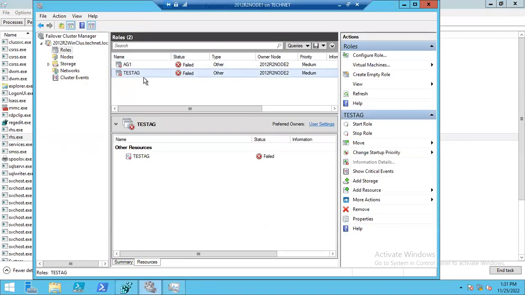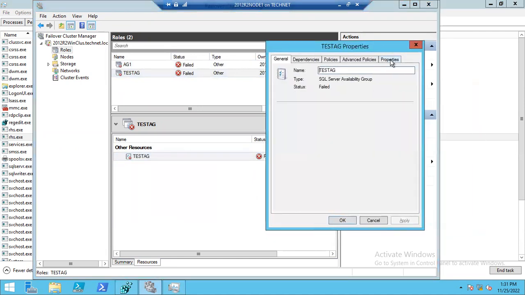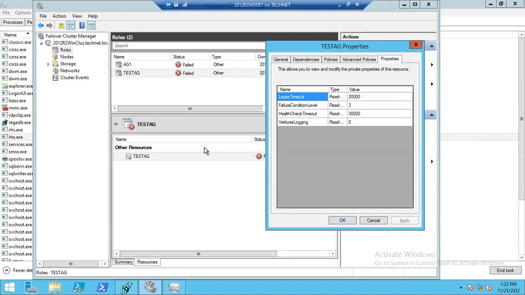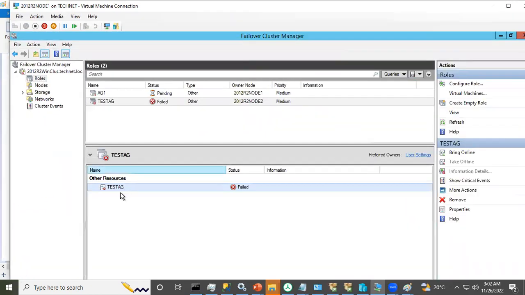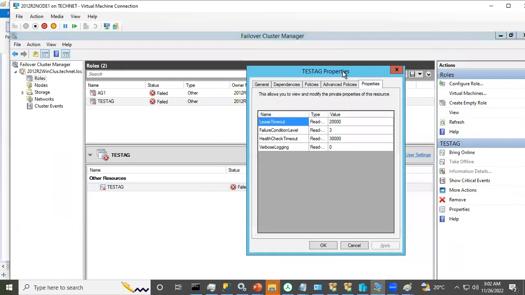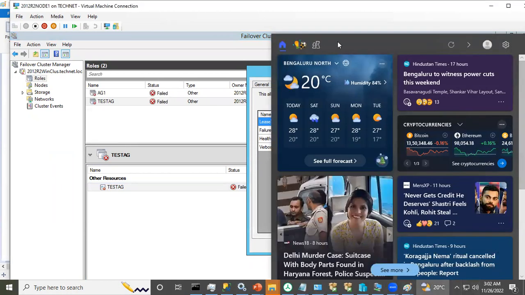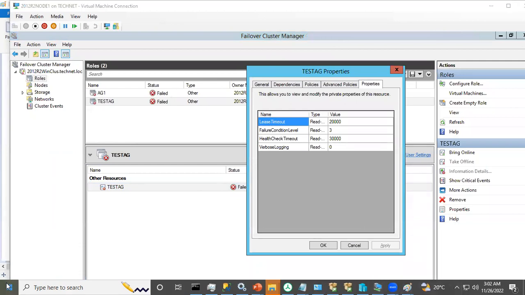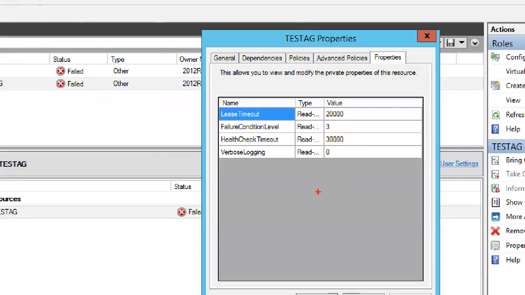If you go to the properties of this resource, you have something called properties. I just wanted to zoom in.